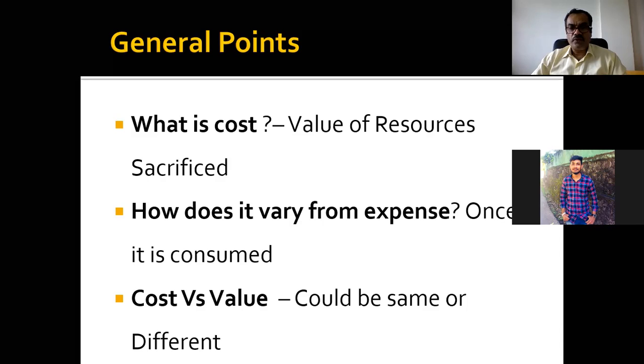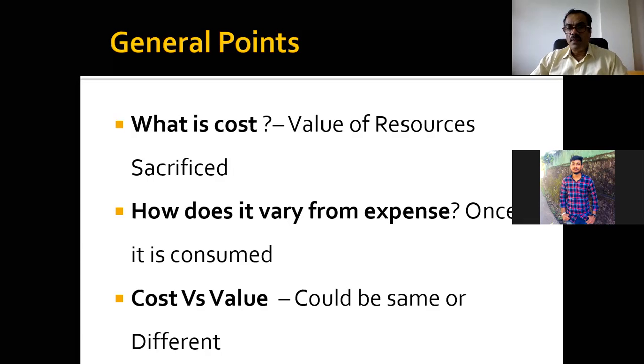Like in the case of cost and expenses, there could be instances where even cost and value could be the same. For example, I take the example of the bread, 50 rupees. That is the cost. What is the value?